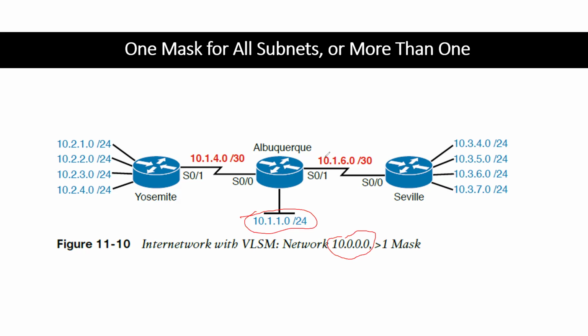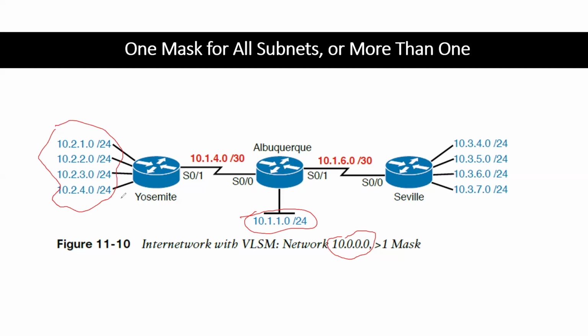If you take a look at it, behind the Albuquerque router we have a 10.1.1.0/24. Perfect. Our next step is we have to assign some networks to the Yosemite router behind them. So we have 10.2.1.0. We went ahead and did that.